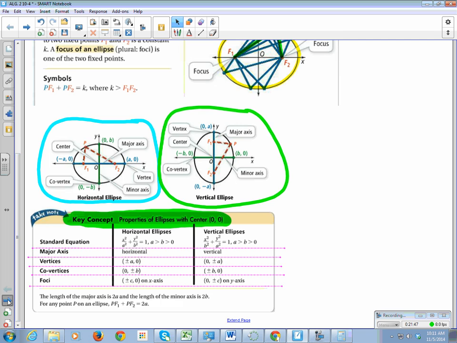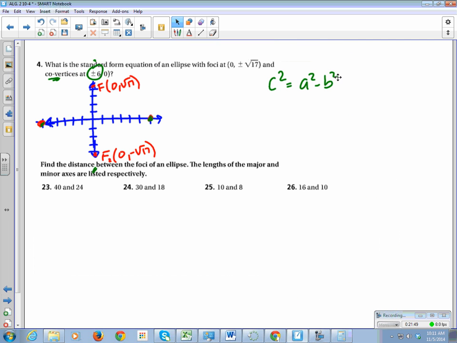So then moving forward on this problem, my b is going to be 6. I'm going to replace c, remember c is the foci, with square root of 17. a squared is going to stay because I don't know what it is. And b squared we're going to replace with 6 squared.